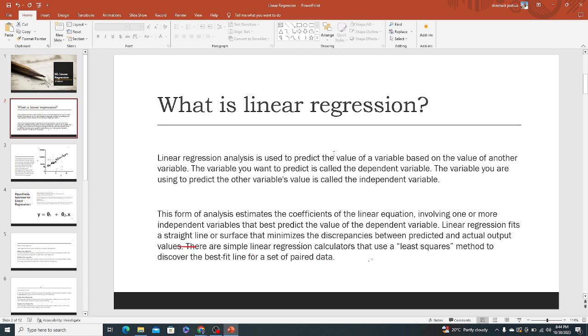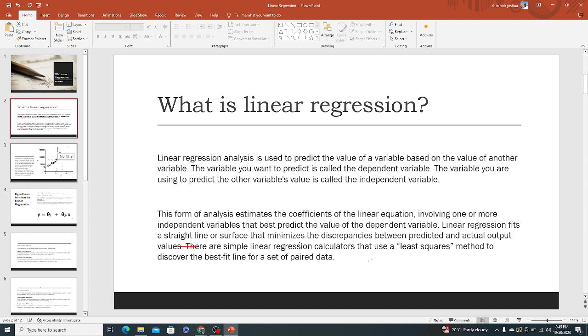We also discussed the coefficients of the equation, whereby in a simple linear regression we usually have two constants. That is the slope, or the constant attached to the x variable, which is also known as the coefficient of variable x.